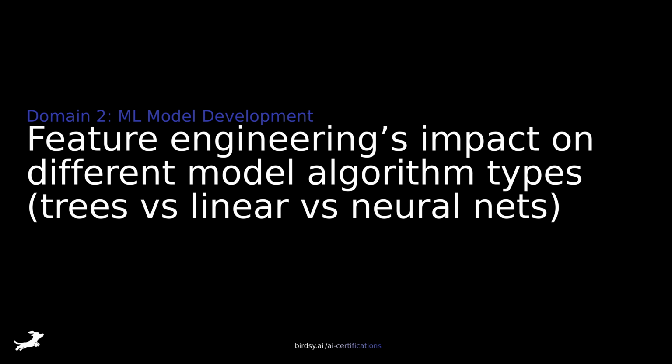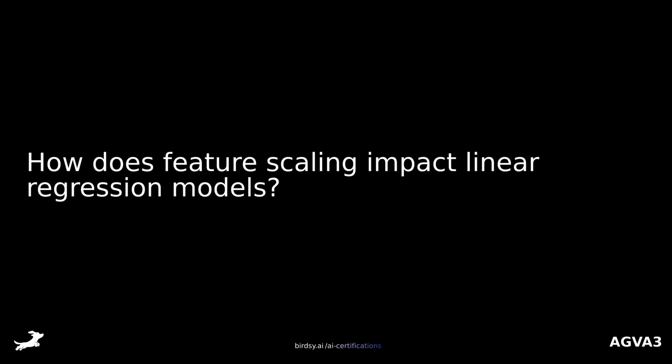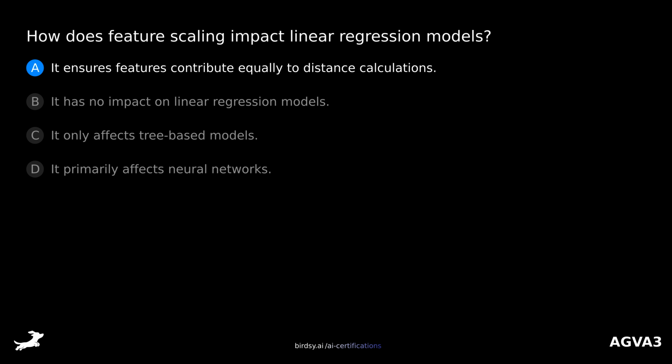Feature engineering's impact on different model algorithm types. Trees versus linear versus neural nets. How does feature scaling impact linear regression models? Is it A, it ensures features contribute equally to distance calculations? B, it has no impact on linear regression models?